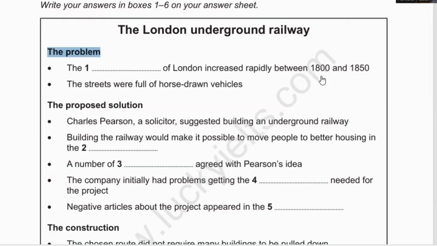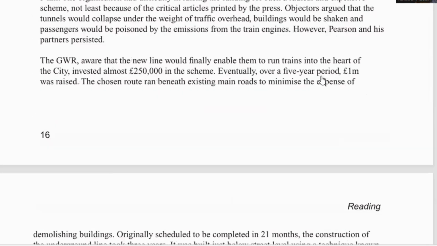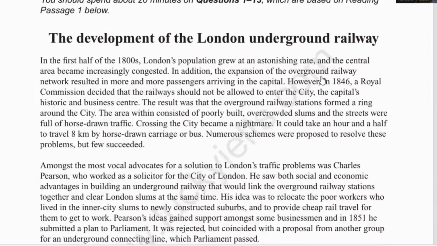I need to find the location of this in the reading passage. So where is 1800? In the first line they have mentioned the first half of the 1800s, that means 1800 to 1850.